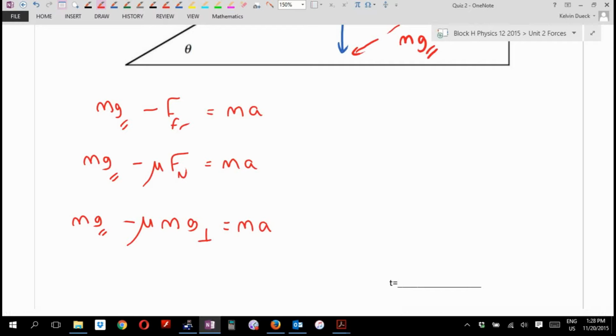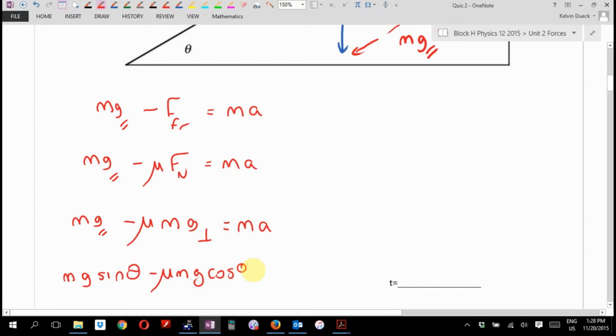But you know what? I'll go one more line just to convince myself. Did I say line? 2 lines is sine. Minus mu mg perpendicular. Of course it is. And yeah, look at that.